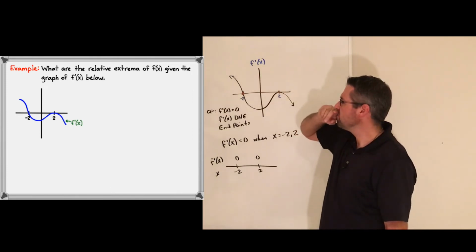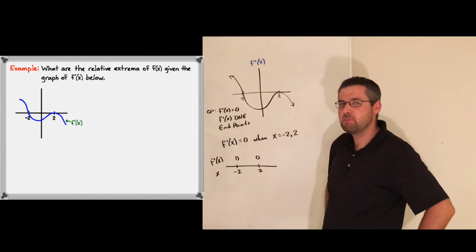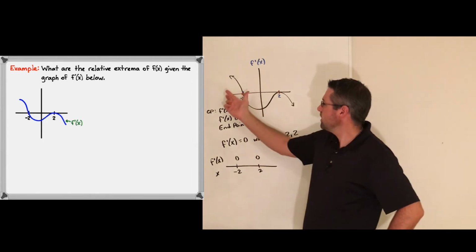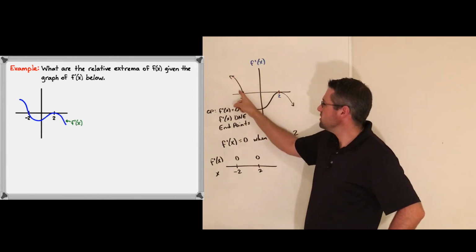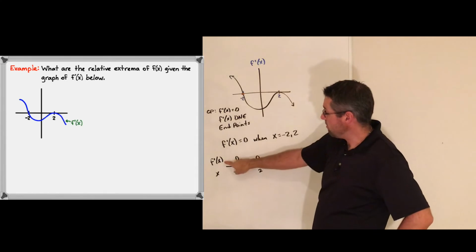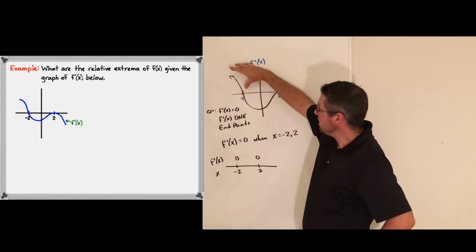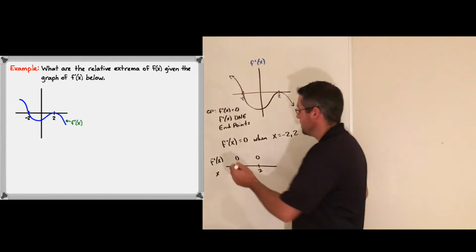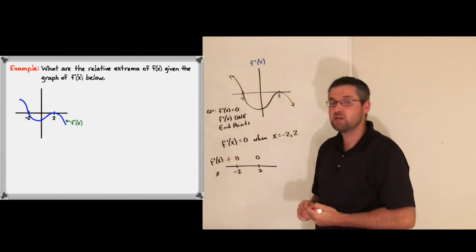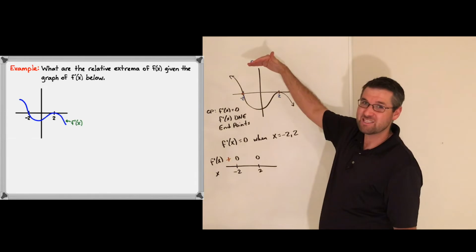Does that mean that f prime is positive or negative for that interval? Again, f prime is decreasing and positive. This is f prime. So is f prime positive or negative in this interval? The answer is that f prime is positive in this interval, because positive means to be above the x-axis.